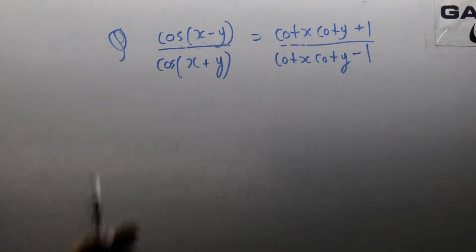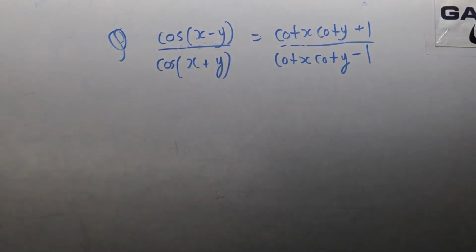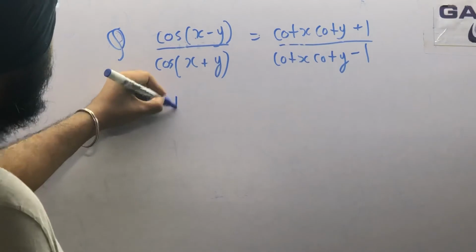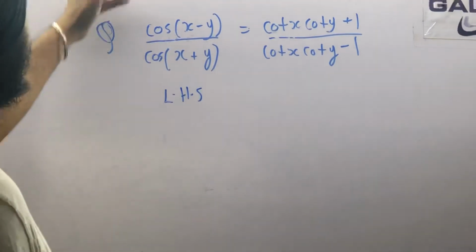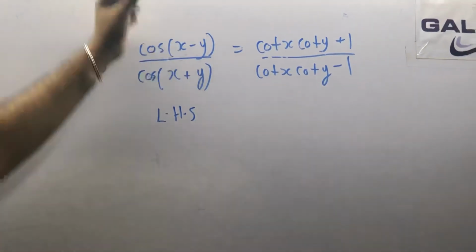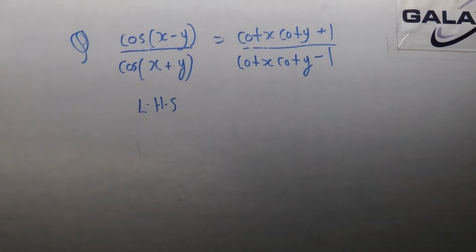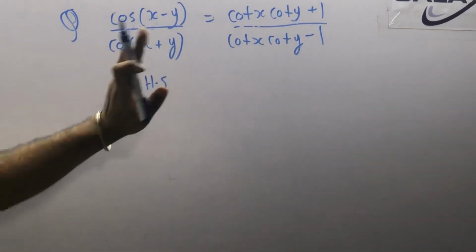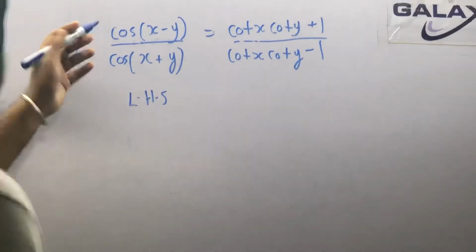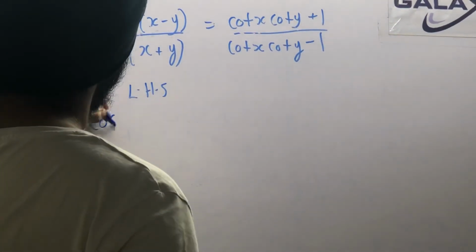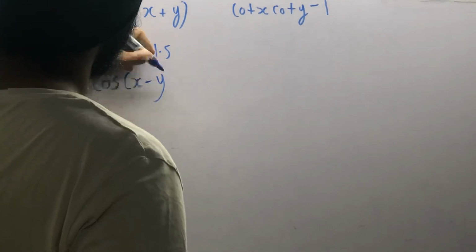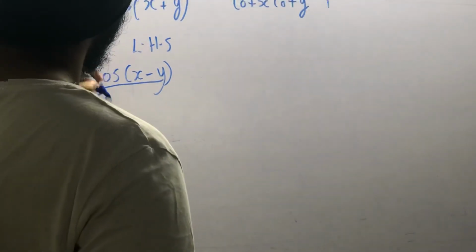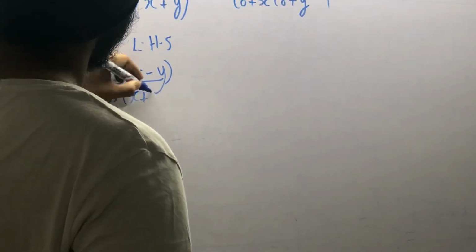Now we will start from the left hand side, because on the left hand side we are seeing this pattern, cos(x minus y) over cos(x plus y). So they want you to use the compound angle formula. That's why they have shown this cos(x minus y) and cos(x plus y). So we will start from this side.